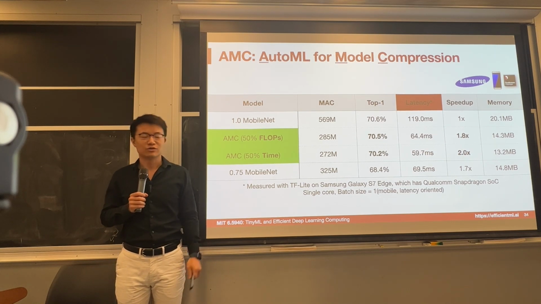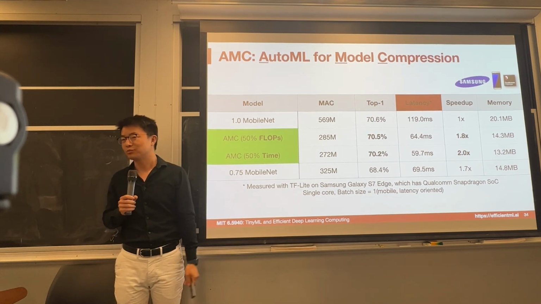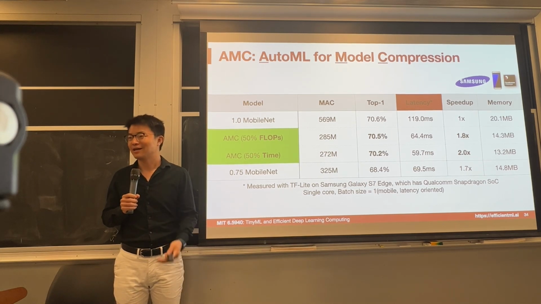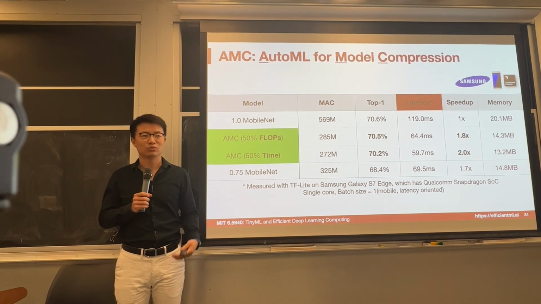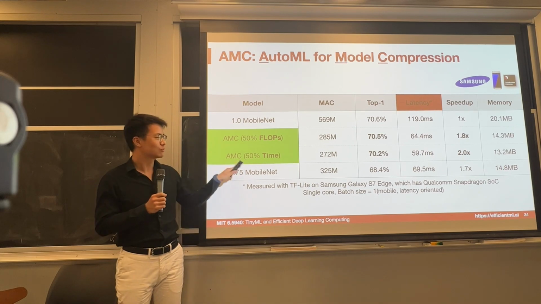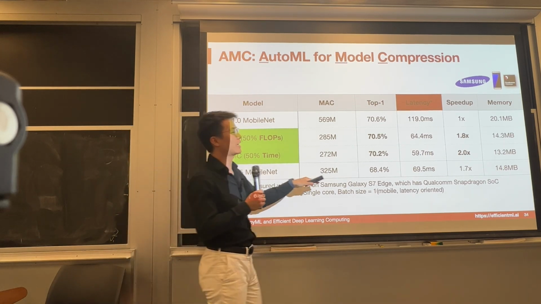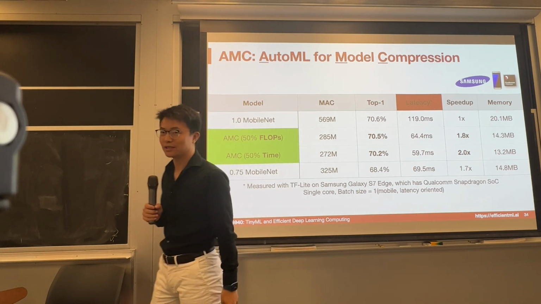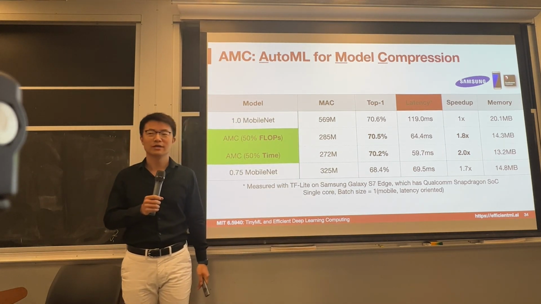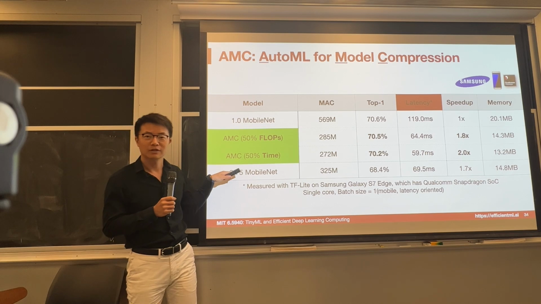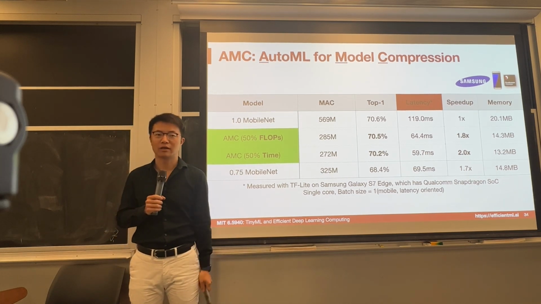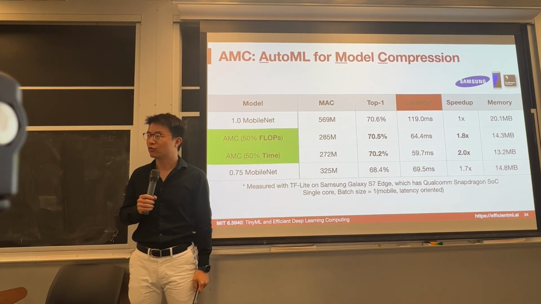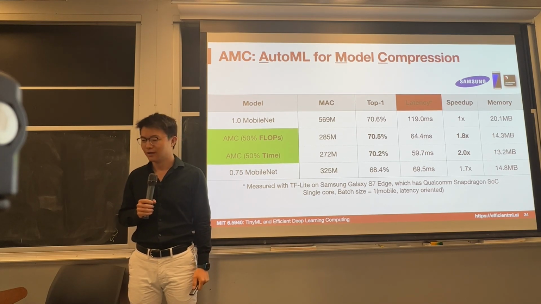So 0.75 times 0.75, that's how much compute is left. It's quadratic, right? That's why we get about 70% speed up. It's not linear, it's quadratic, since the computation flops is proportional to the input channel times the output channel. And both of them are 3/4 of its original size. All right.